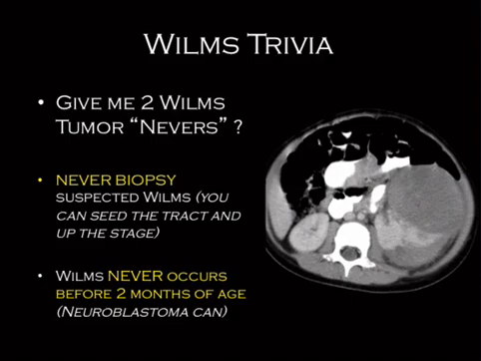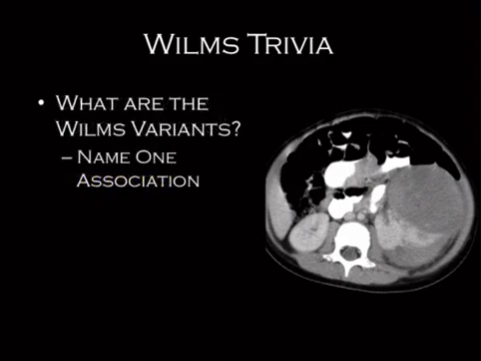So that's a never biopsy. And then there are these Wilms variants, which look just like Wilms tumors, but they're histologically slightly different. And there's two worth knowing, clear cell and rhabdoid. And there's at least one association for the point of trivia that's worth knowing.